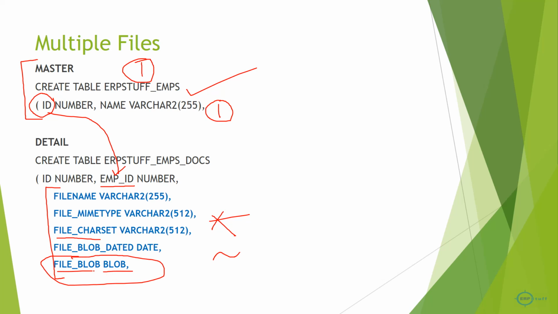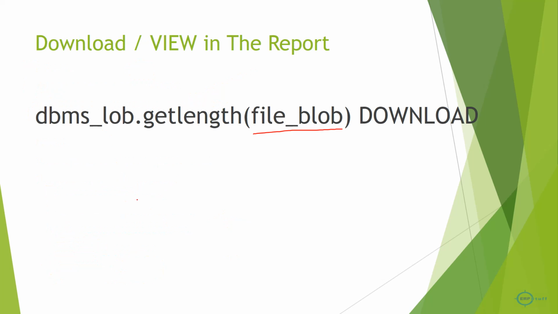This is the column you will have to put in your query like this. You will have to call the package DBMS_LOB.GETLENGTH on file_blob, and you can put your link or whatever the name is, right? You will have to do this in your report SQL, wherever you want to download or show it or something like that, yeah.